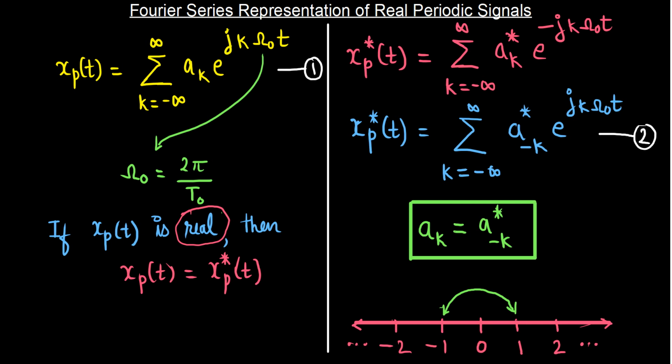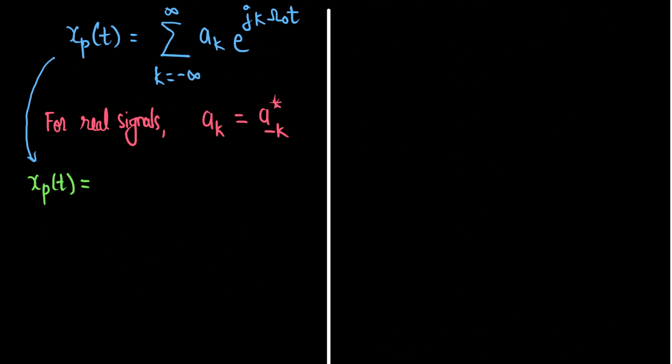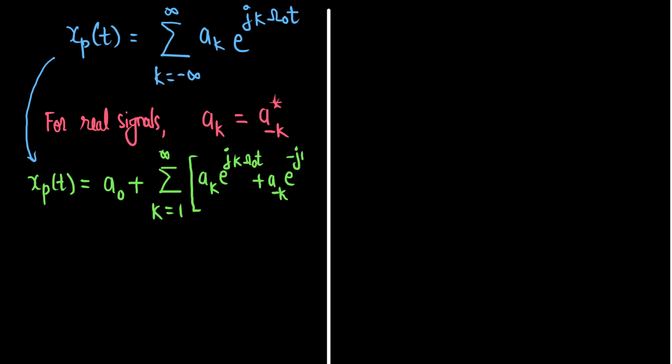I'll write that as a naught, because k is 0, the exponential to the power 0 is 1, so there's no other term there, plus summation k running from 1 to infinity, and inside these brackets I'll write ak e to the power j k omega naught t plus a minus k e to the power minus j k omega naught t.